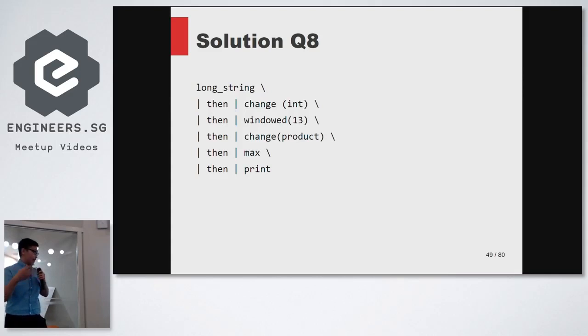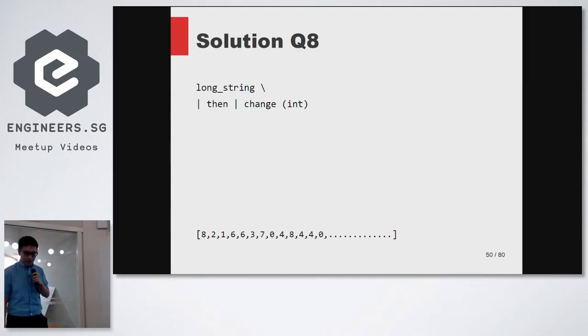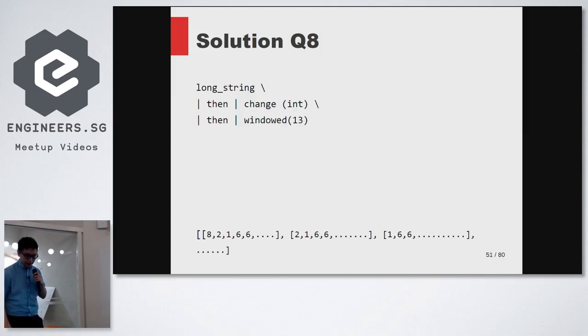Let me do a step-by-step analysis of this problem. I have a long string of numbers, and I take out each individual character and convert it to an integer. This is step 1. And step 2, I break it up into windows of 13. So over here, I have a list of 13 numbers, another list of 13 numbers, and so on.